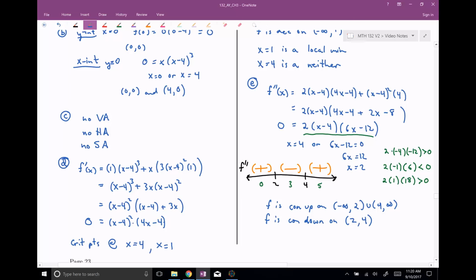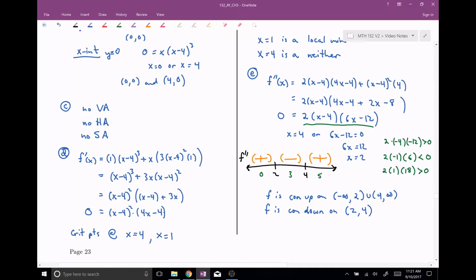And remember, we have inflection points whenever we switch concavity, so long as it's in the domain. So in this case, at 2 it switches from positive to negative, and at 4 it switches from negative to positive. So at x equals 2 and 4, there are inflection points.